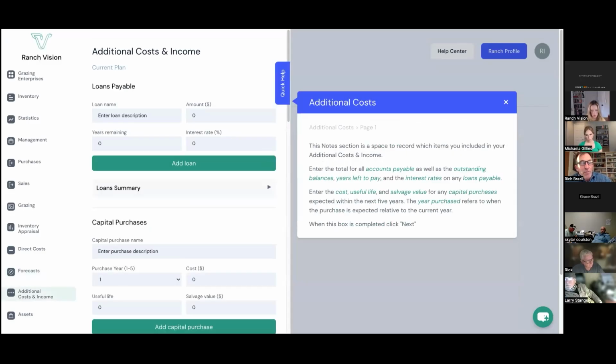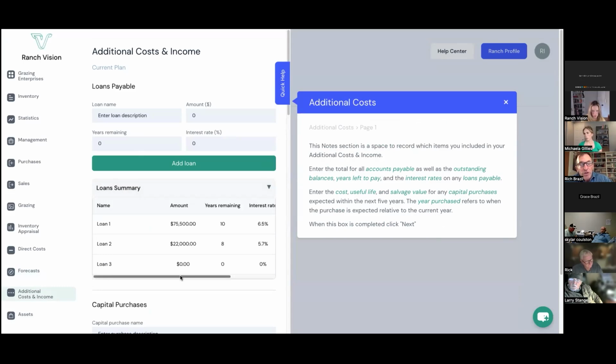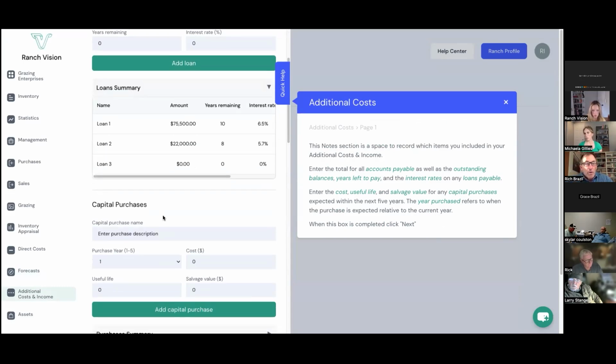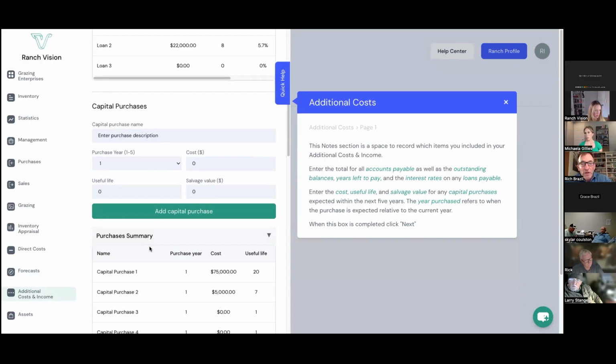Additional costs and income, the next one, these are just a few more things to look at a comprehensive view of the ranch. So if you have any outstanding loans, you can enter those here. If you want to make any capital purchases, you can do that here in the years ahead. Maybe you want to buy a tractor or put in virtual fencing or buy a squeeze chute or some working equipment. You would enter that here. It's going to automatically depreciate it for you, and it's going to incorporate that into your long-term outlook.